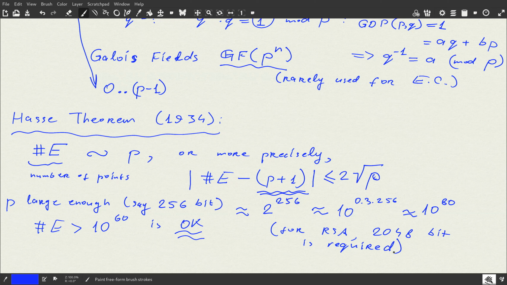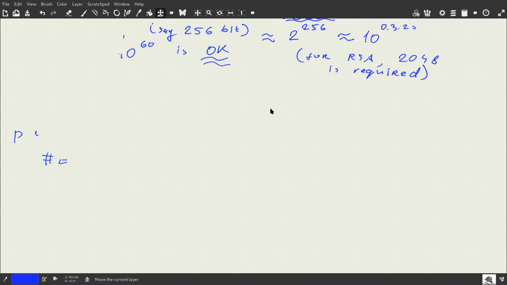So what do we do in order to implement digital signatures with elliptic curves over Z_p? What do we do exactly? Let's see.